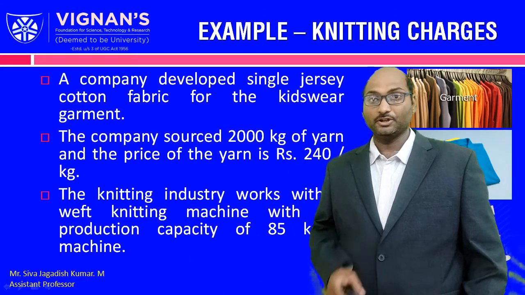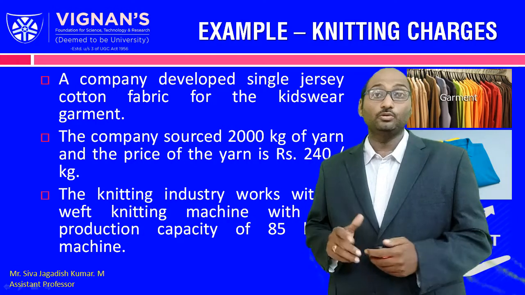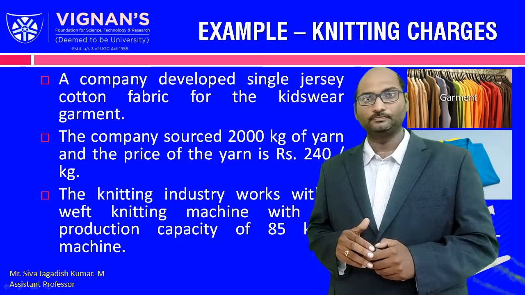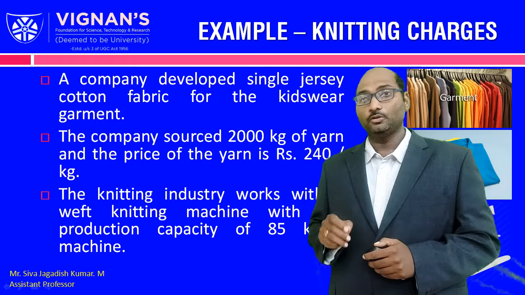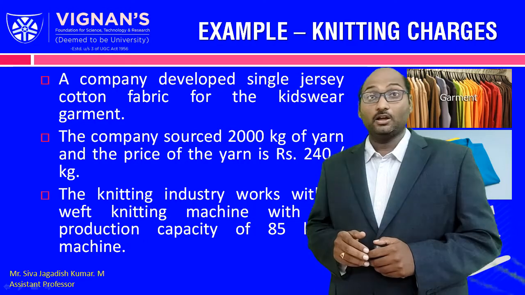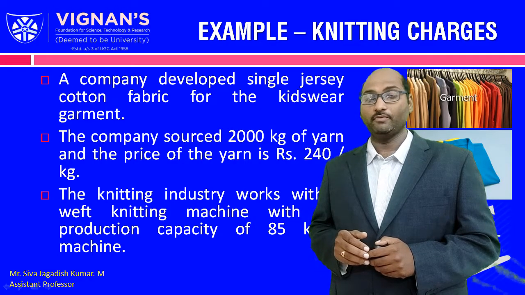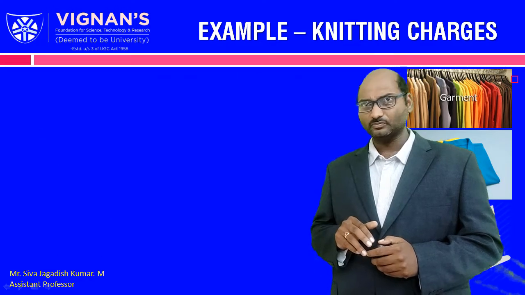Just make a note: 2000 kg of yarn, 240 rupees per kg, production capacity 85 kg per machine, and we have 5 machines.